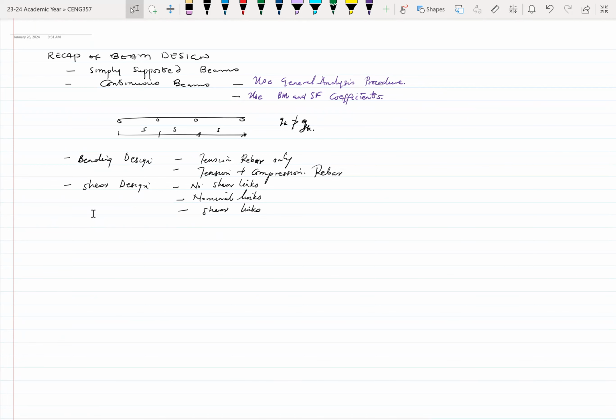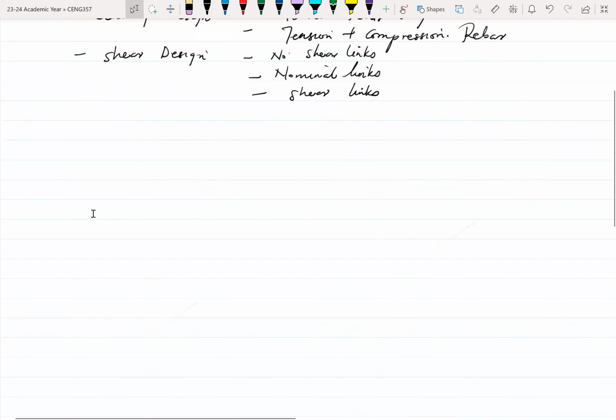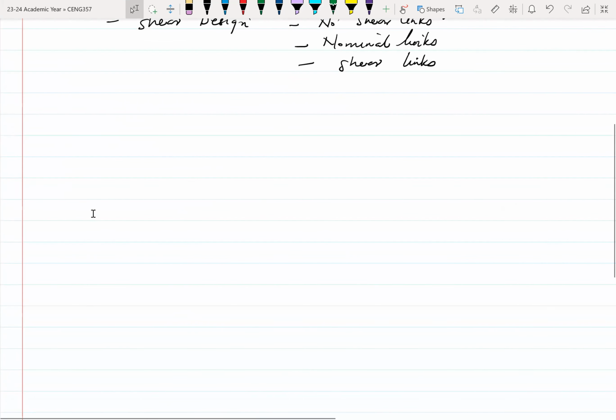Okay. Now let's look at another structural member. Okay. Let's call it design of slabs. Okay. Let me put this into a bracket.